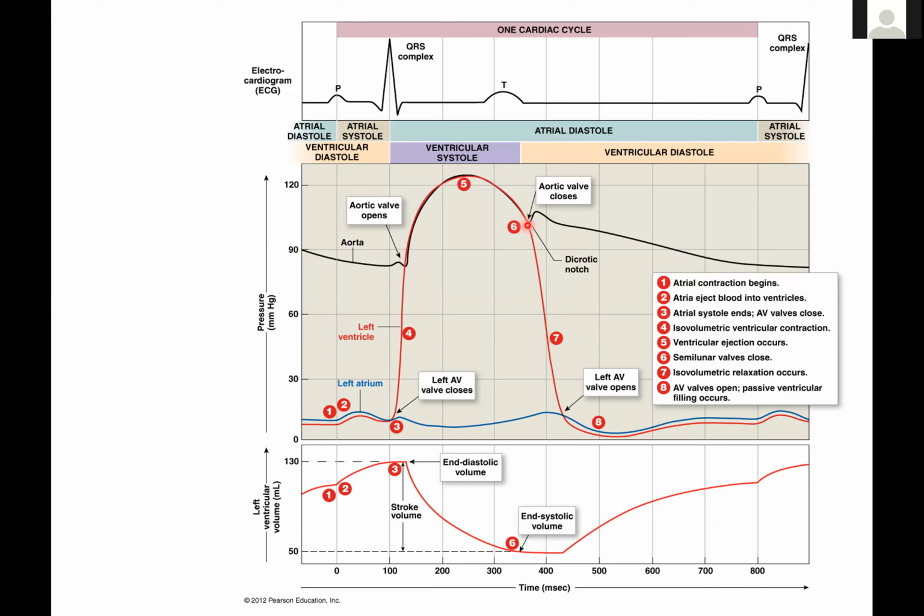At this little inflection point here, 6, the aortic valve is going to close. But then the pressure goes up a little bit before it goes back down. So this is called the dicrotic notch. The dicrotic notch is present after the aortic valve closes, so you get this little recoil because the aorta is elastic.